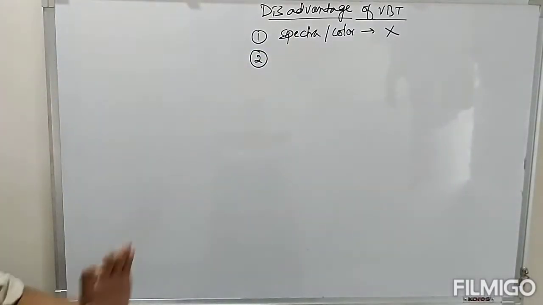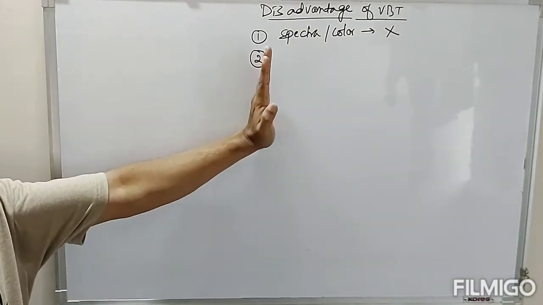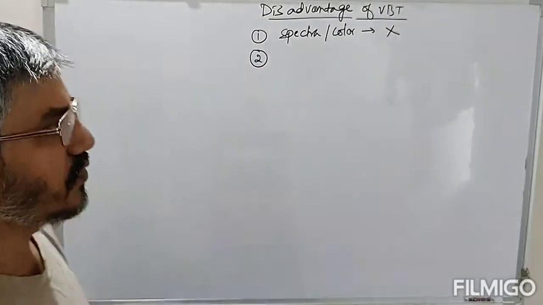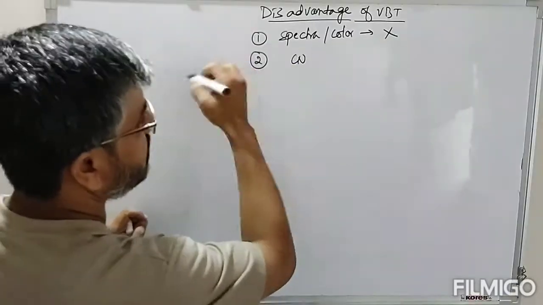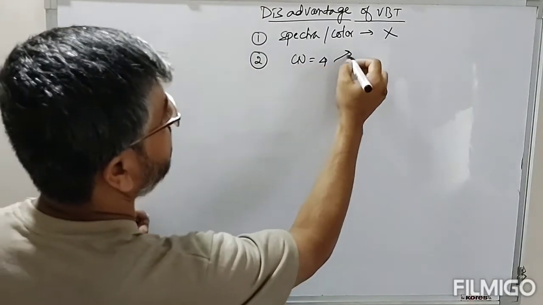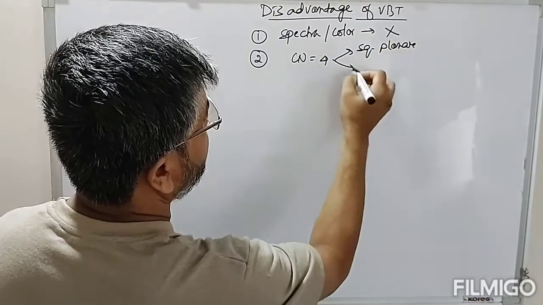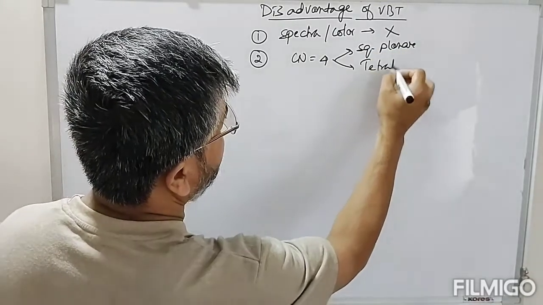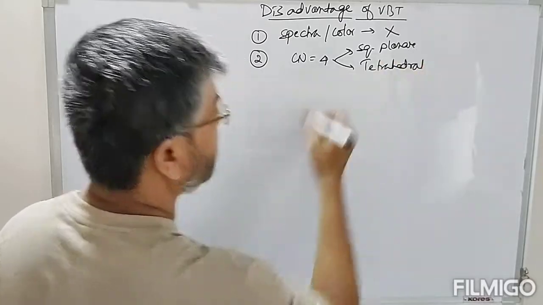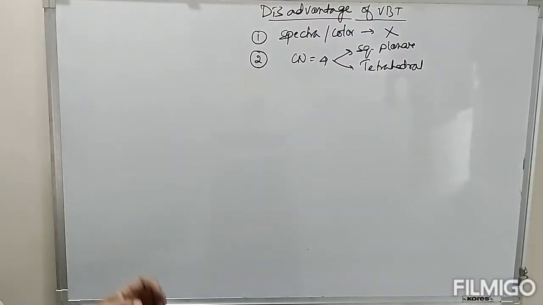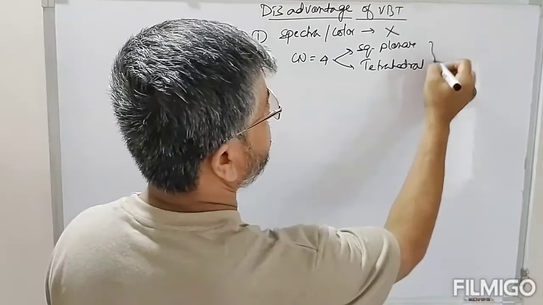Second, it says nothing about coordination number 4. If the coordination number is 4, as we just discussed, the complex can be square planar or tetrahedral.